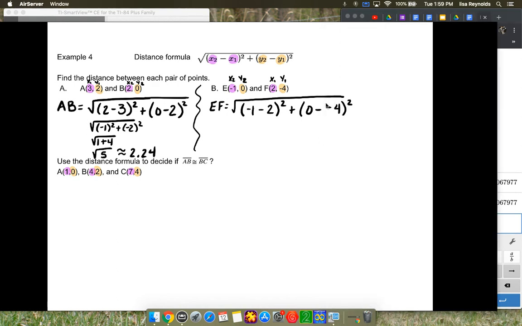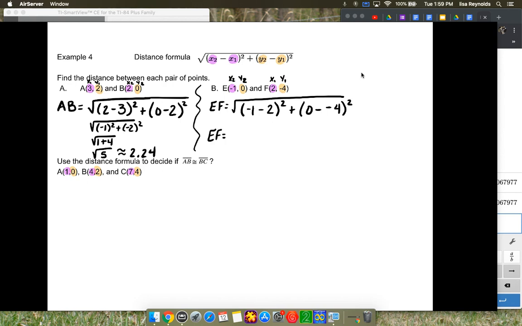You will notice that there is a double negative here. Just because you have a negative number in your coordinate does not take the place of the minus within the formula. So we have the minus from the formula and our negative 4.